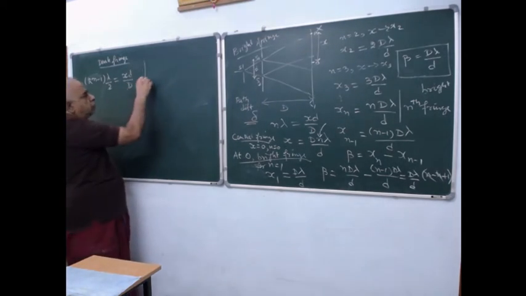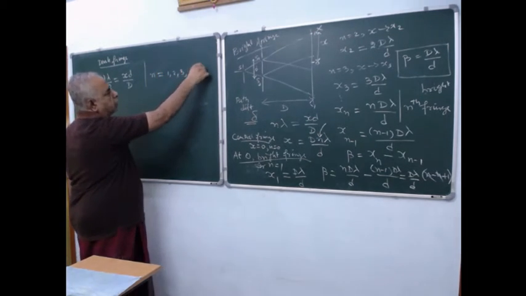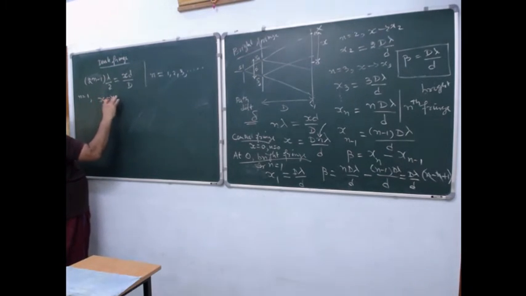And let me consider the orders 1, 2, 3, etc. Now, when n is equal to 1, x becomes x1.